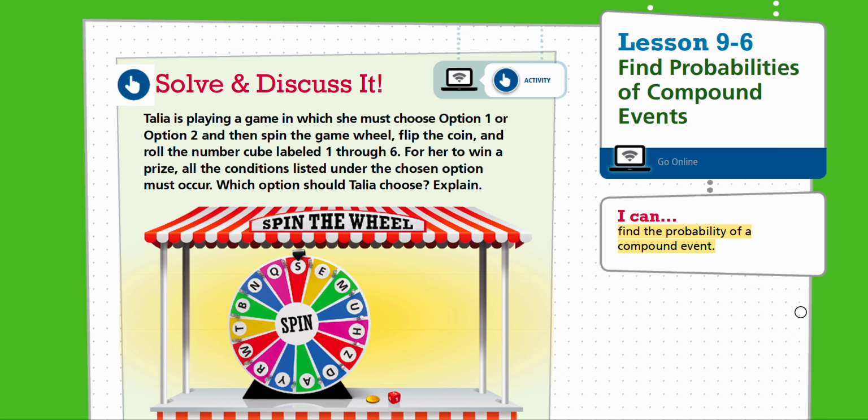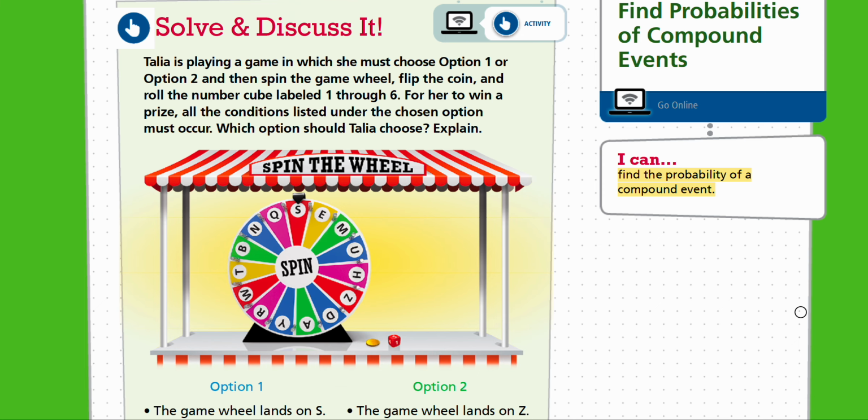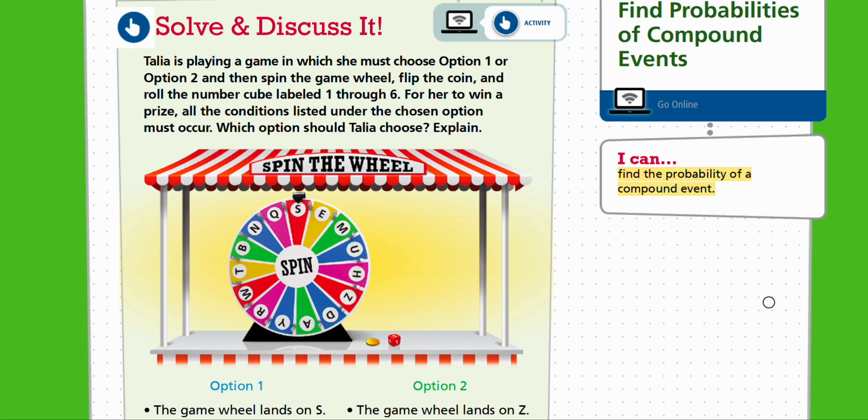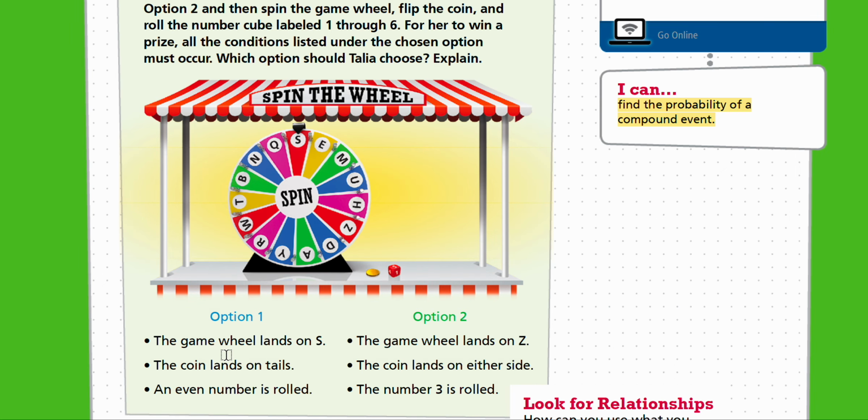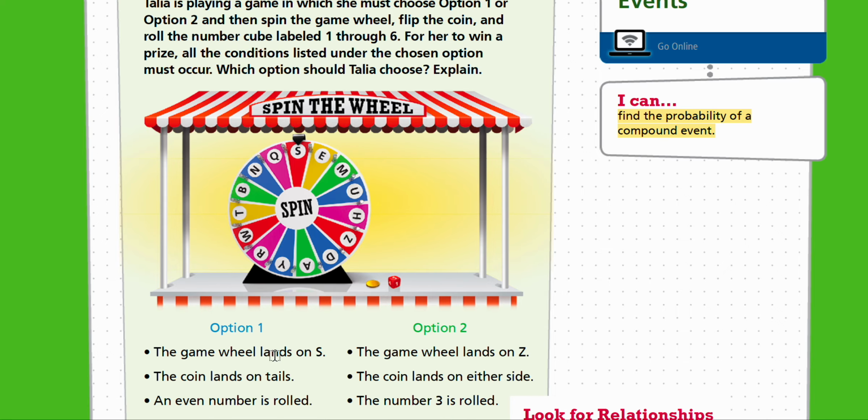Explain. So, we have spin the wheel, we have the dice, right? And then we have the coin, right? So option 1, the game wheel lands on S. Out of all these letters, and then option 2, the coin lands on tails, and then an even number is rolled, right?